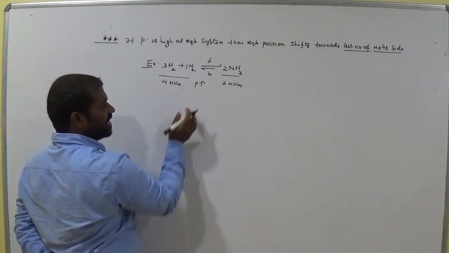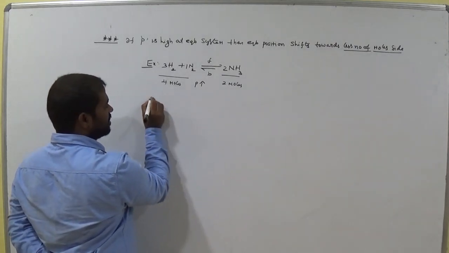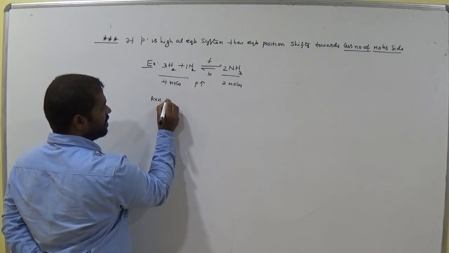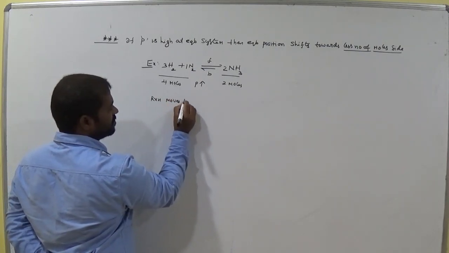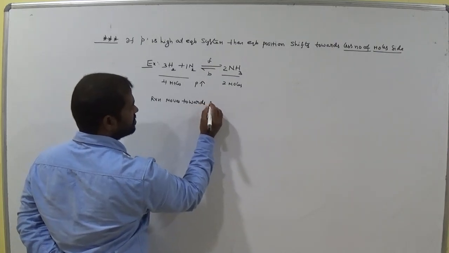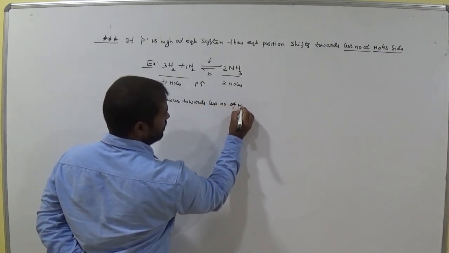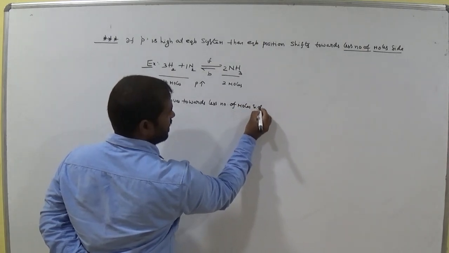When pressure is high, then what happened? The reaction moves towards the less number of moles side. Am I right?